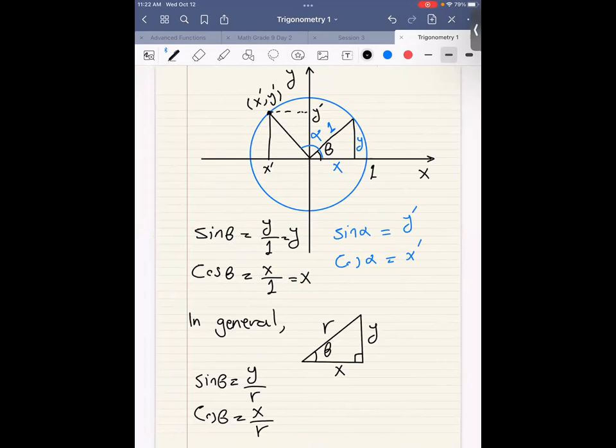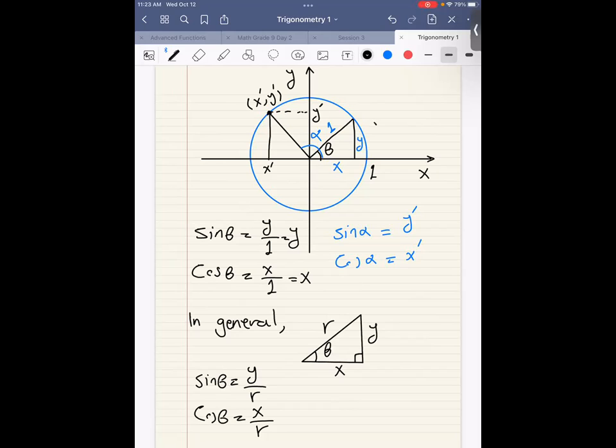So some observations from looking at this unit circle. Something I should tell you is that when you have a negative angle, in the unit circle, the angle is measured counterclockwise.